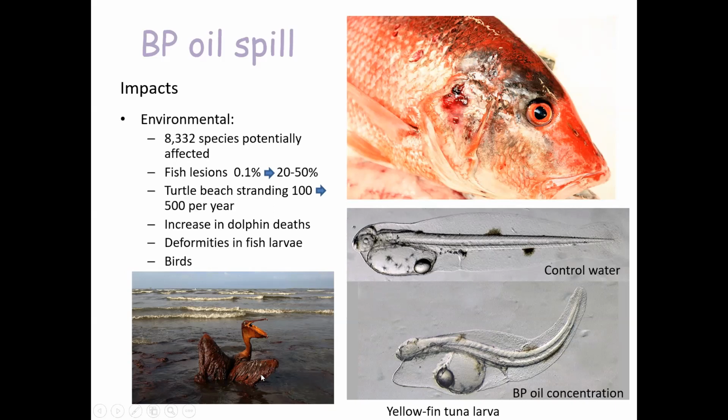And you can also see the development of fish. This is from experiments using BP oil concentrations and a control. You can see that in the early stages, they have larvae, here it's yellowfin tuna, but it's not the only one that has been damaged. You can see there's a deformation in it. So this one will not survive. This one, the control, will survive.